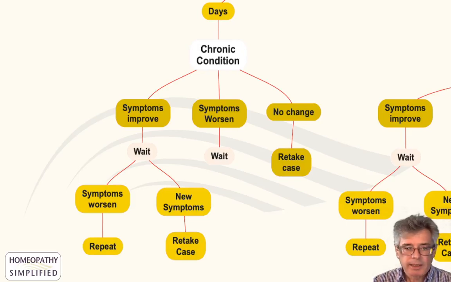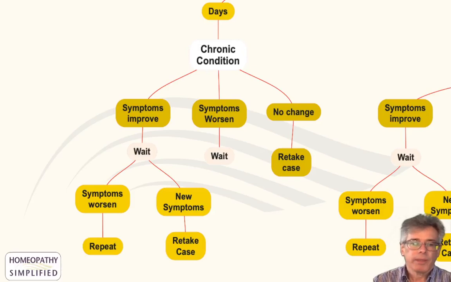It may be the same remedy that is prescribed, but it may be another remedy because we've got new symptoms. If symptoms worsen, we'd actually wait. And there are more steps to follow after this wait, but I don't go into it here because it gets complicated. Now, if the chronic condition after the remedy has no change, we simply retake the case.